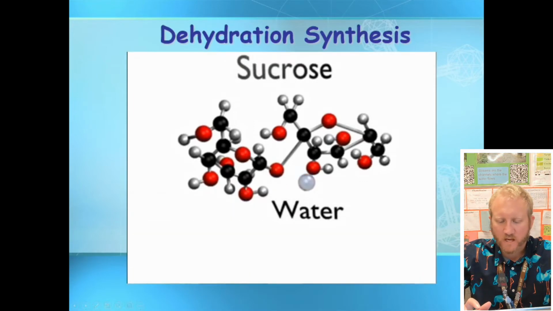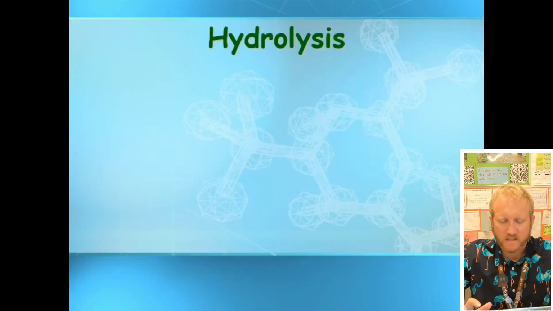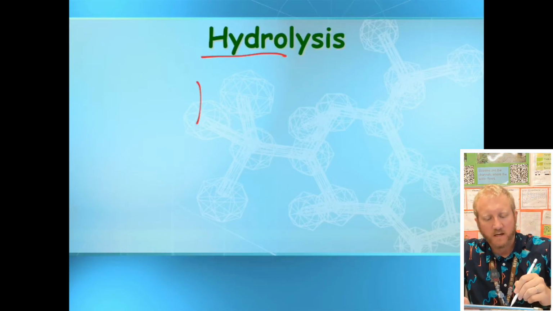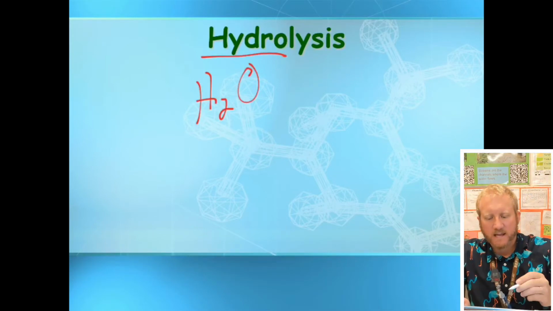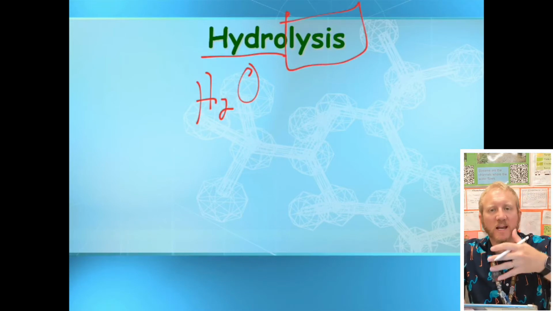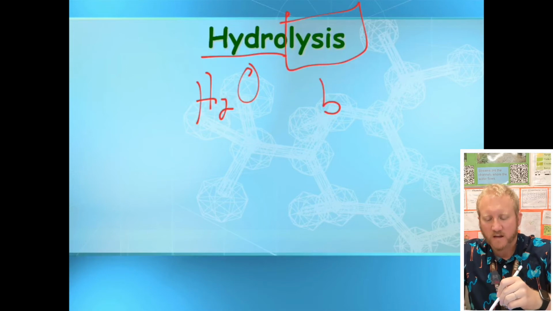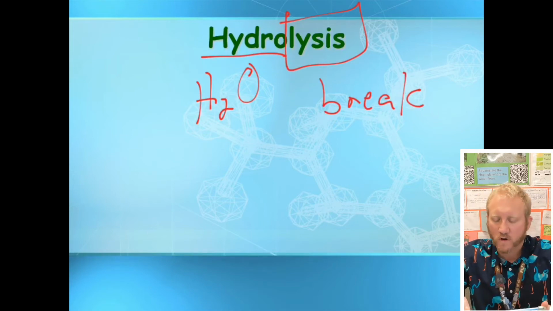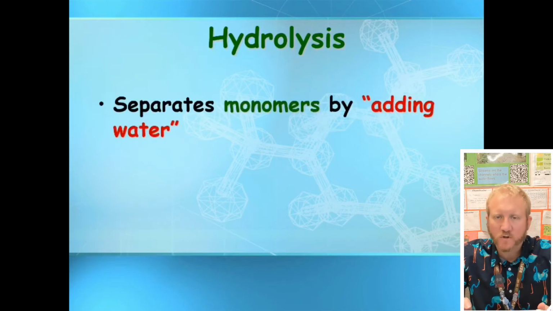So the other way then is hydrolysis. Hydrolysis, hydro meaning water, and lysis, to lyse something, L-Y-S, is to break it, split it open, or anything like that. So what we're doing is we are breaking things with water. So basically we're separating our monomers by putting that water back in.